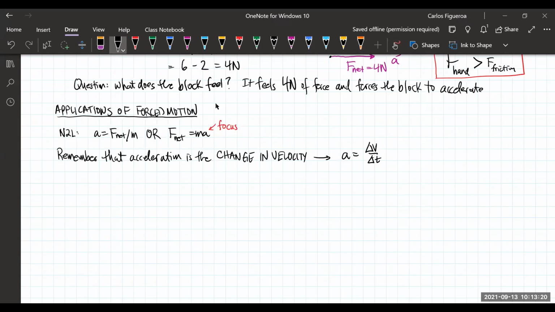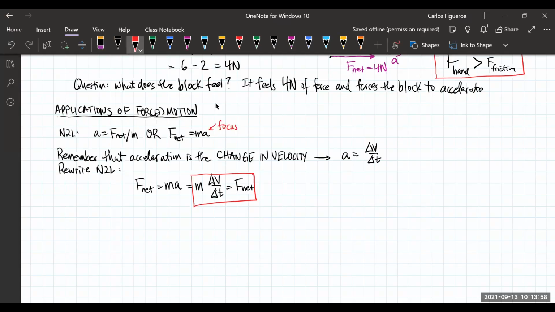Now, what I want to do with this is rewrite it into N2L. If I rewrite it, it says that the net force is mass times acceleration, or I can write this as mass times the change in velocity over change in time, and this is the form of the net force that I'm going to write right here.